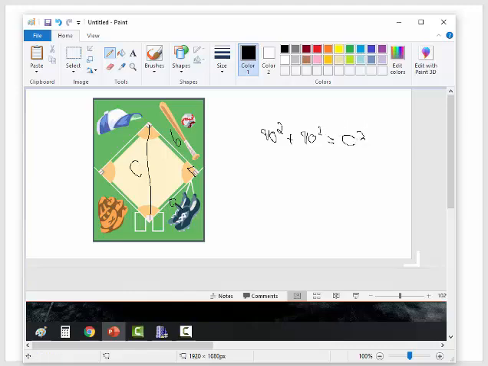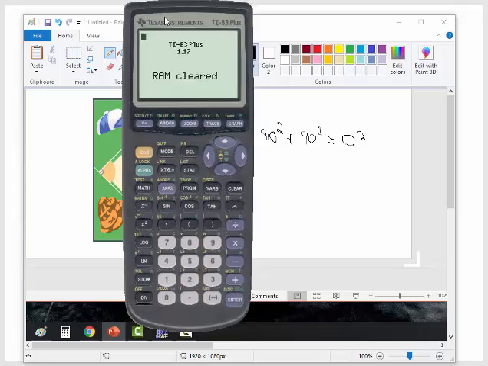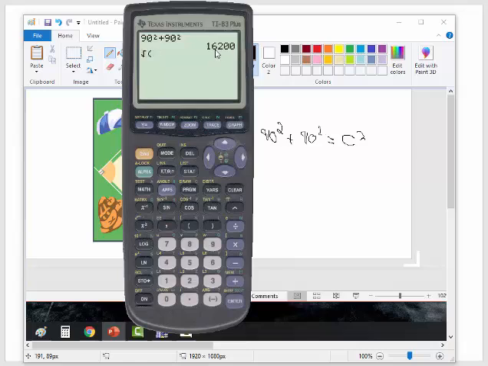Sorry, my writing there is bad, but we can just grab our calculator here. 90 squared plus 90 squared is, wow, 16,200. Now that's equal to C squared. To find out what C is, we have to take the square root of this.